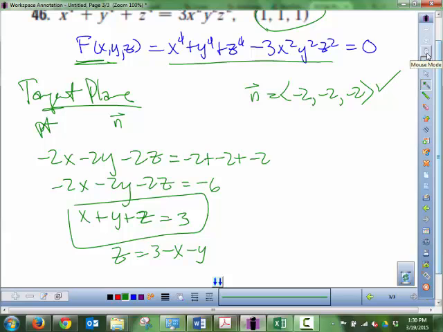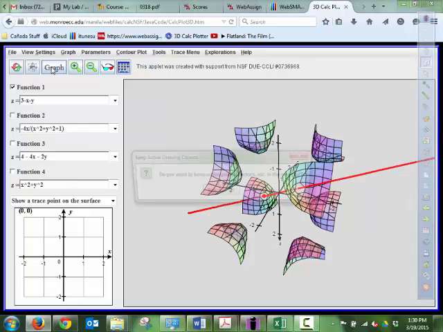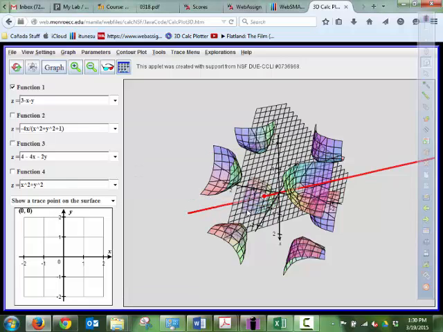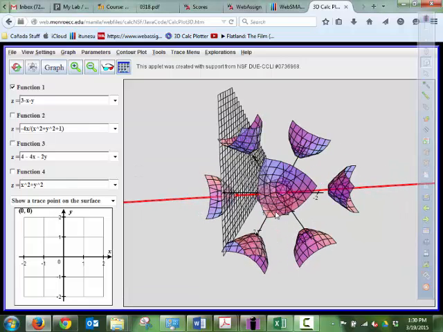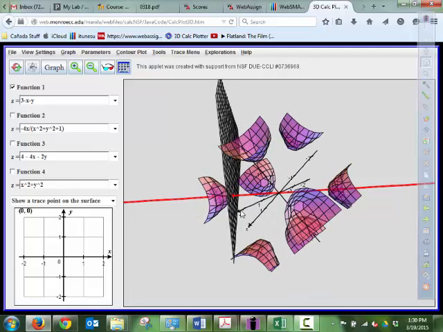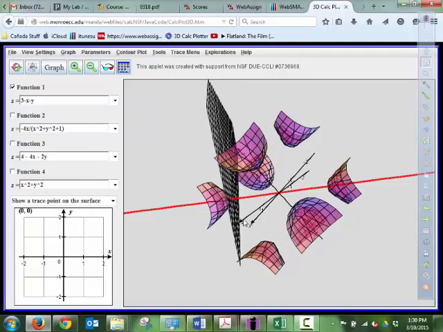But since it's a plane like that, if we write it like that as a function in the graphing program, you can just type it like that, right? So 3 minus x minus y is equal to z. There's your tangent plane. Is that a good picture, or like that? Like this?